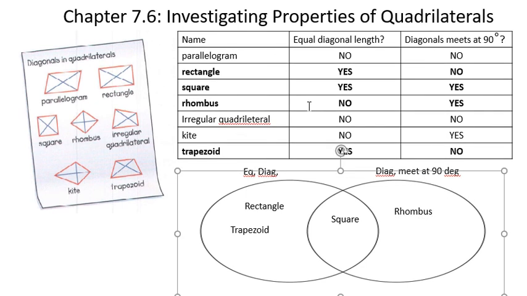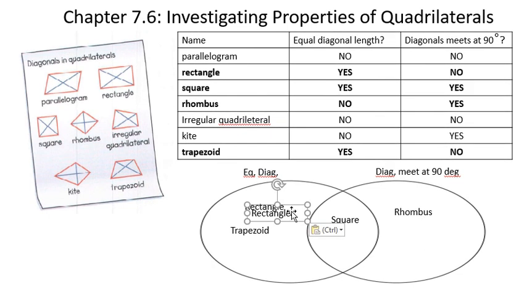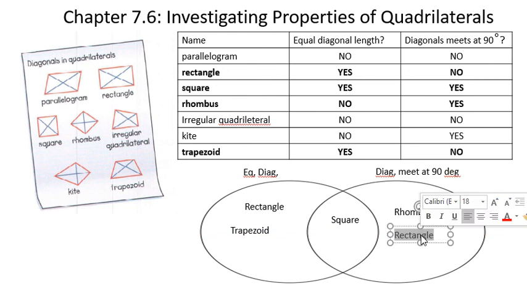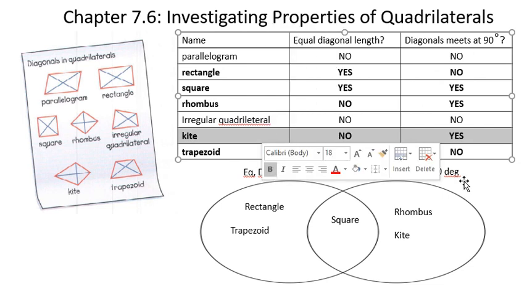So our rhombus has been taken care of. Are there any more where the diagonals meet at 90 degrees, but the diagonals are unequal? That's right here: kite. So we can do kite on this side, and highlight kite so we don't use that one again.